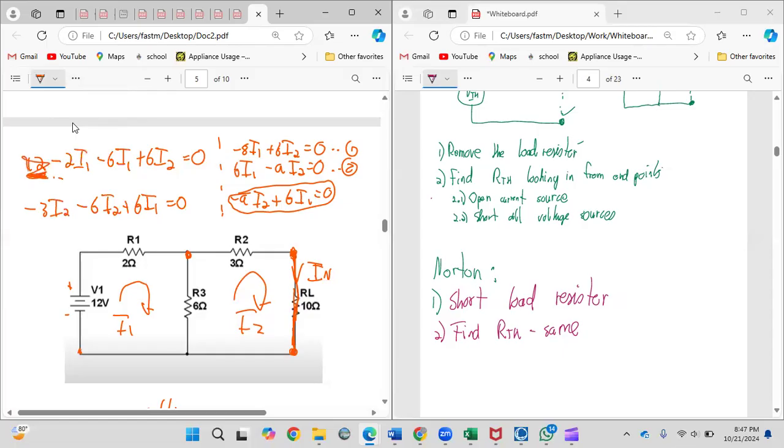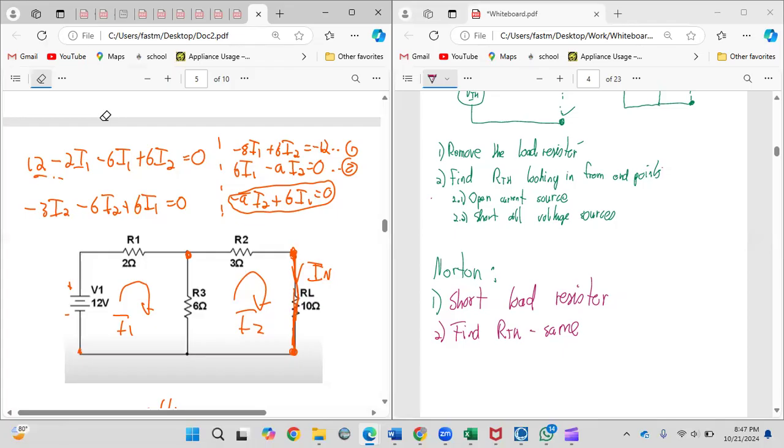This 12 here will go across to be minus 12. Alright, so just be careful with your reduction. I don't think this one here had any numbers, so we're good with that.